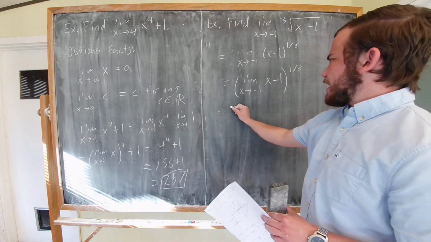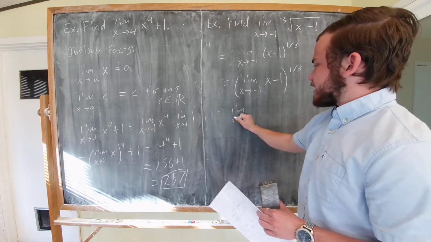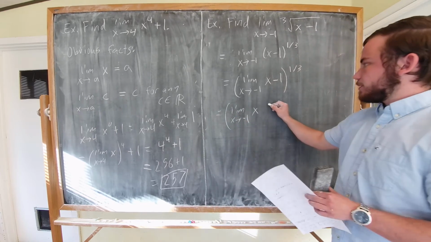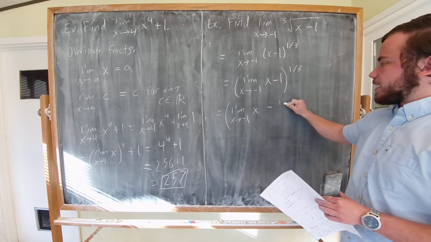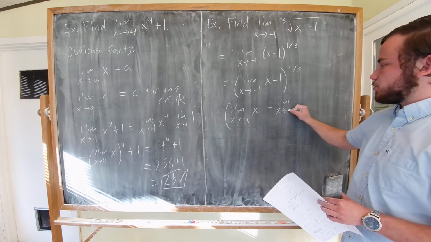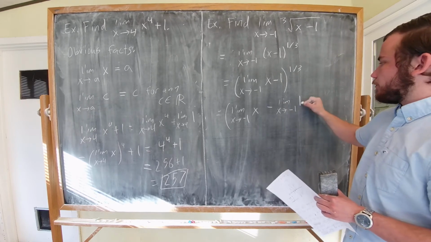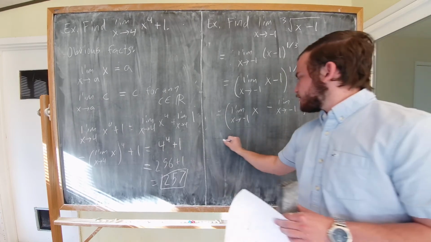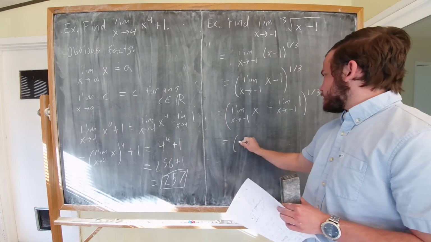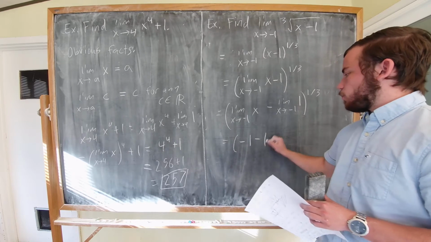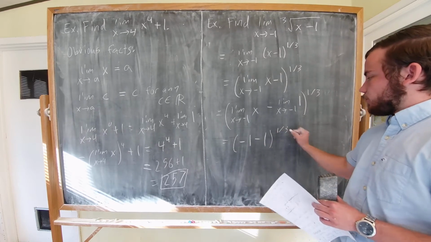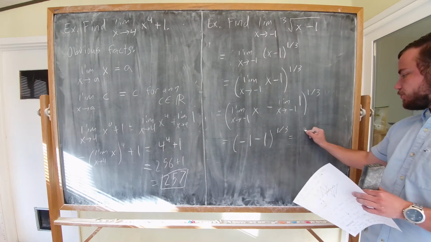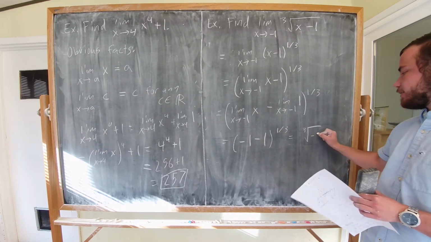Then that's the limit as x goes to -1 of x minus the limit as x goes to -1 of 1, all to the 1/3. This is -1 minus 1 to the 1/3, which is the cube root of -2.